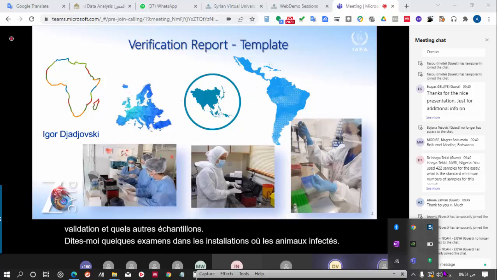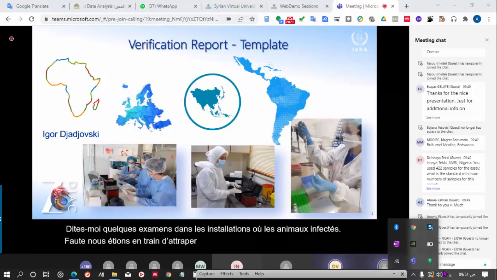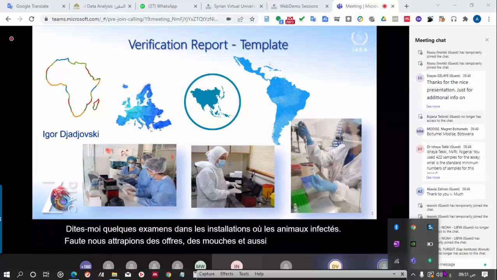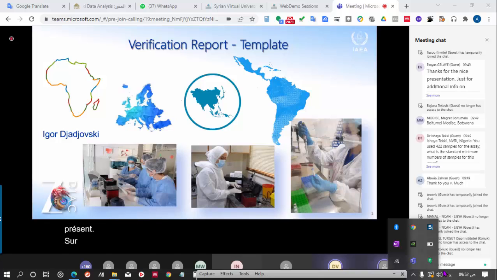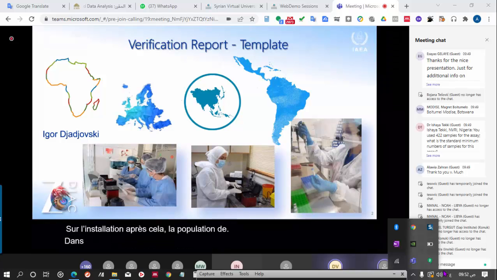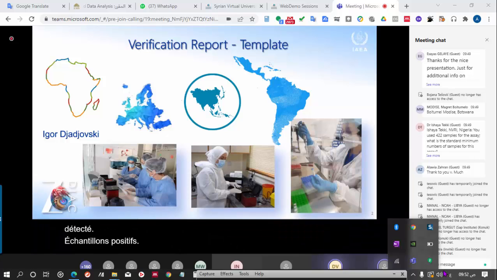We were catching insects like flies, and also we were taking swabs from the feeding equipment or from the walls to see if there is a virus present on the facility after the depopulation of cattle that were in this facility. So yes, we used the swabs and we detected positive environmental samples for virus. So virus was all over the place.